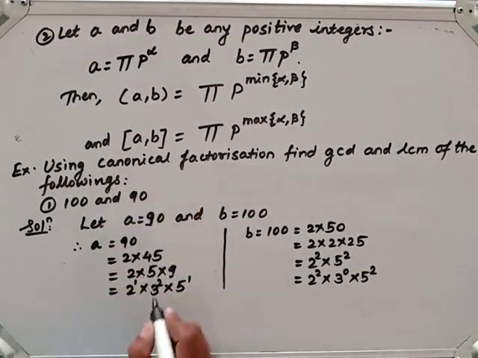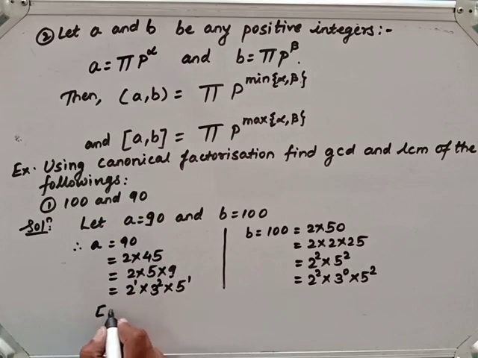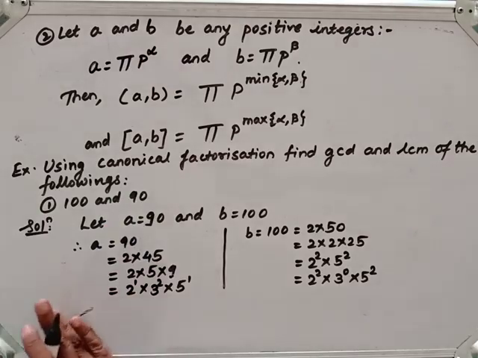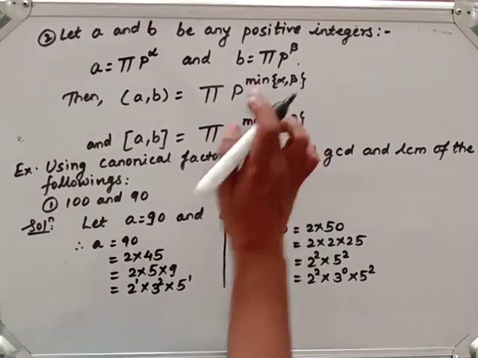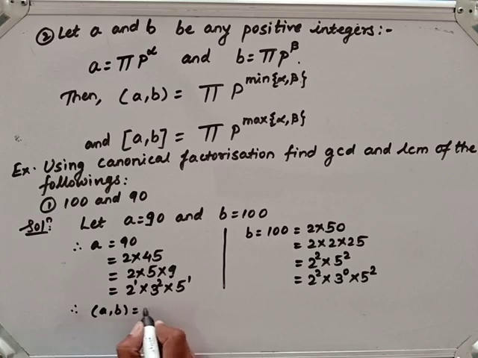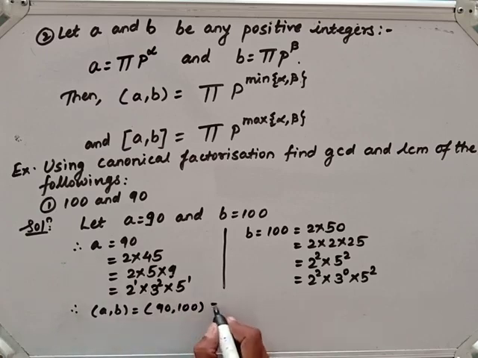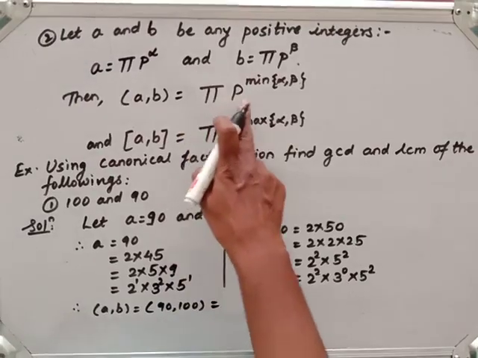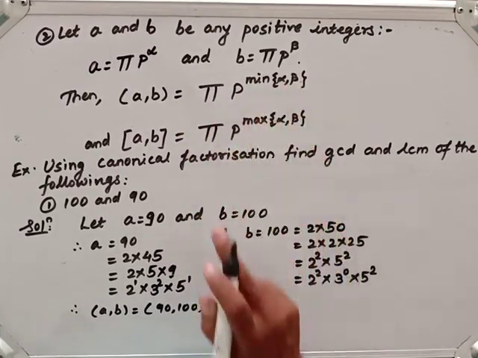So first we find the GCD, using this formula. Therefore the GCD of A and B, that is GCD of 90 and 100, is the same as GCD of 100 and 90, both are same. Now this is the product of p raised to the minimum of alpha and beta.